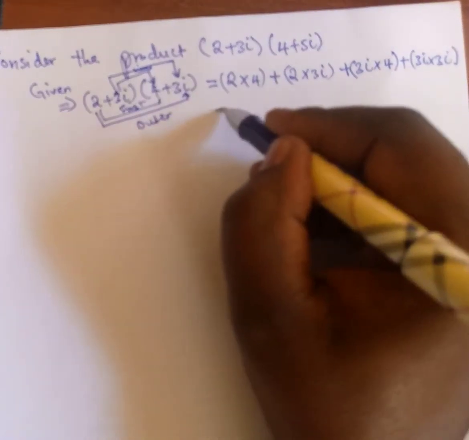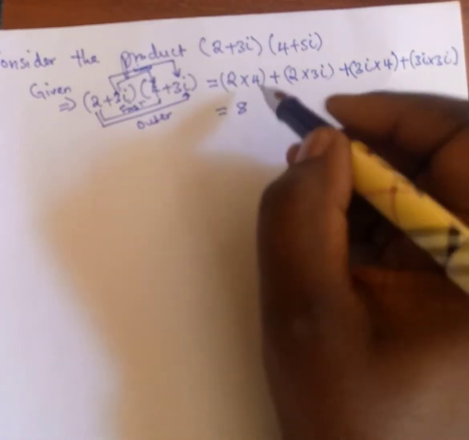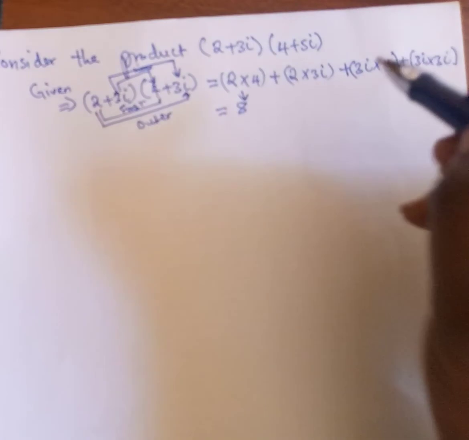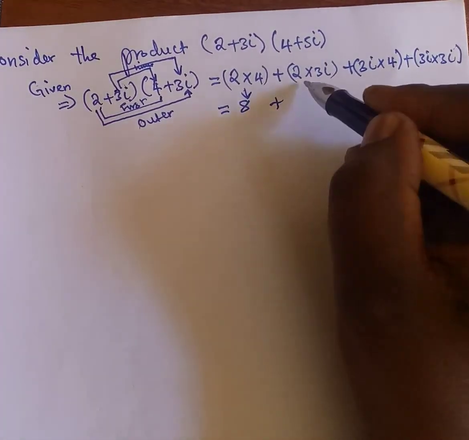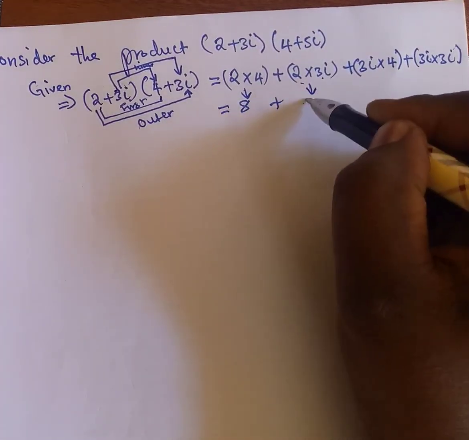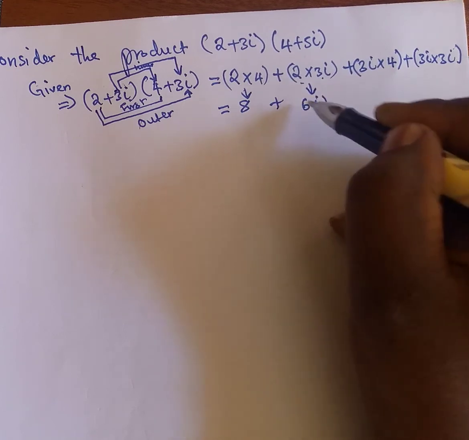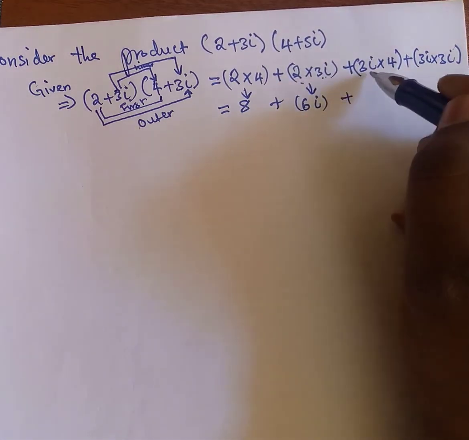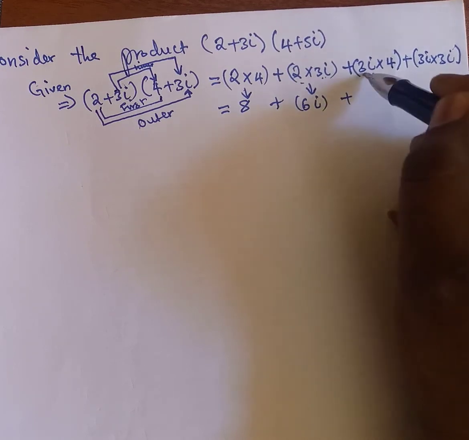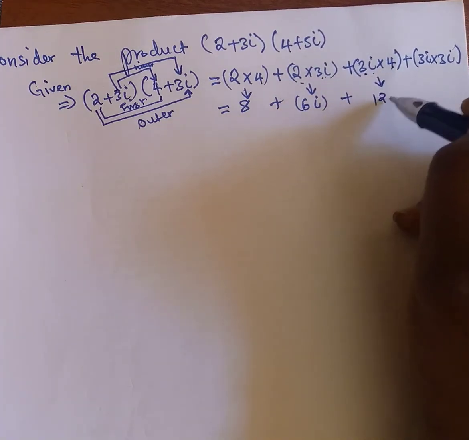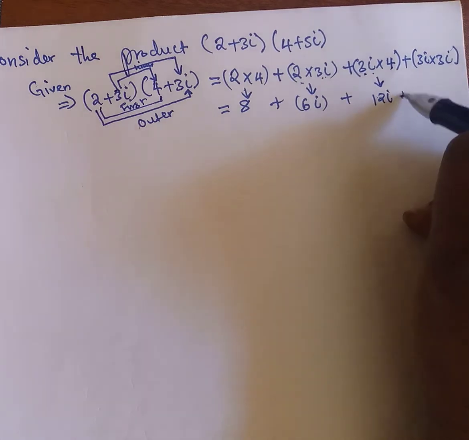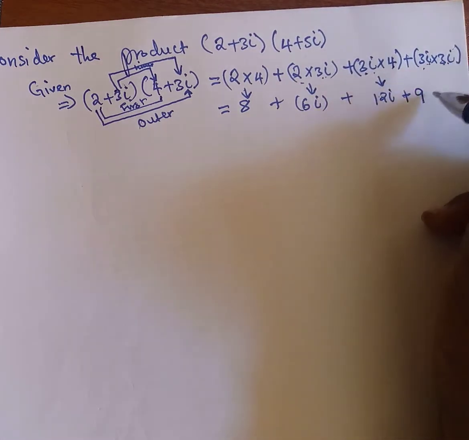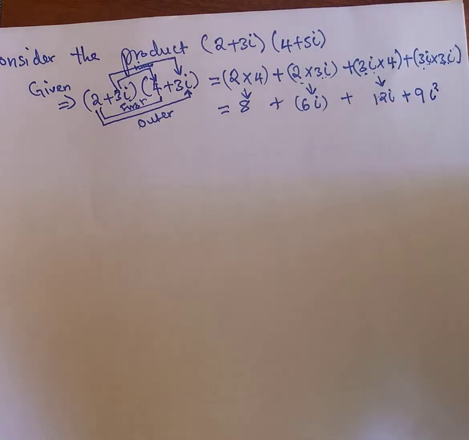So 2 times 4, of course, is a real number. It will be 8. Now, plus 2 times 3i will give you 6i, because 2 times 3 is 6. Again, plus 3i times 4 will give you 3 times 4, which is 12i. And then finally, 3 times 3 is 9, and i times i is i squared.